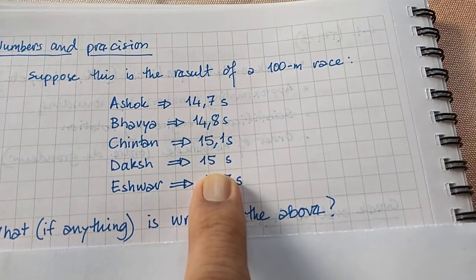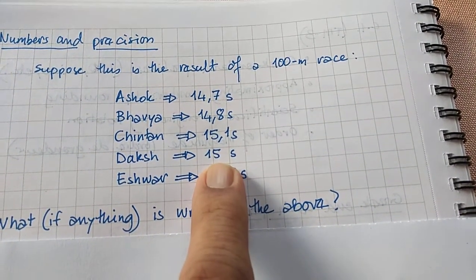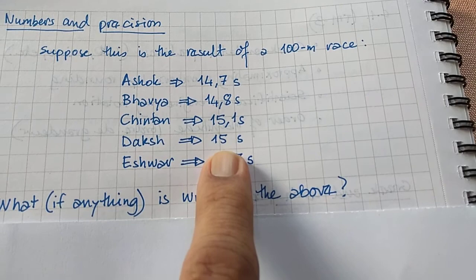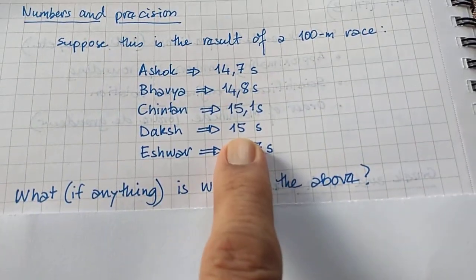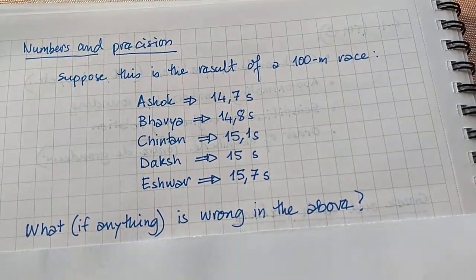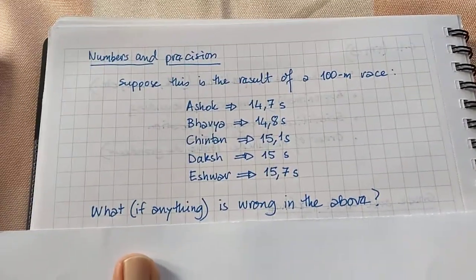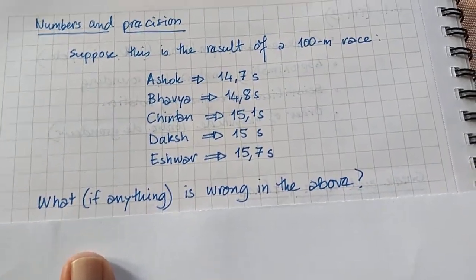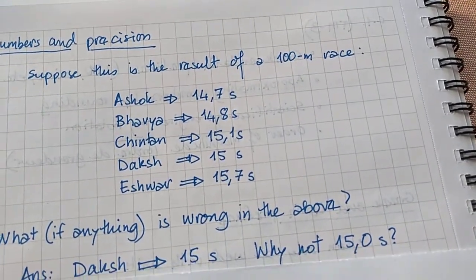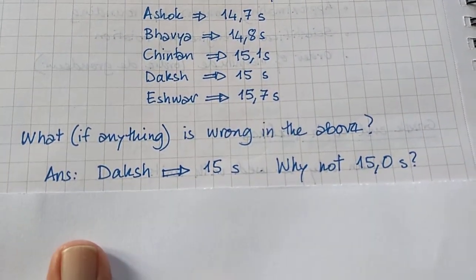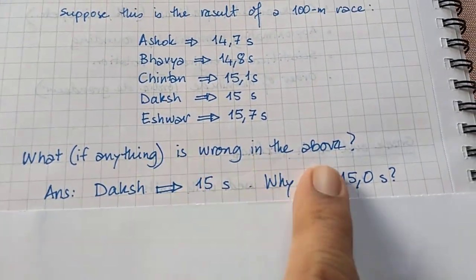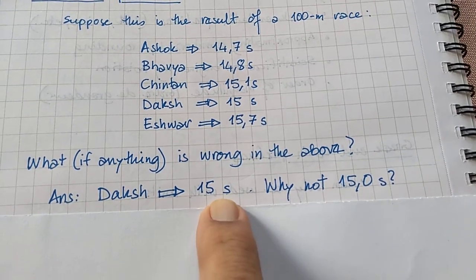Well, you've always been told that 15 is equal to 15.0. Correct? All your teachers have told you that. Well, this teacher, that is me, is telling you that this is not so. So here is the answer to this question. Answer is Daksh is 15 seconds.